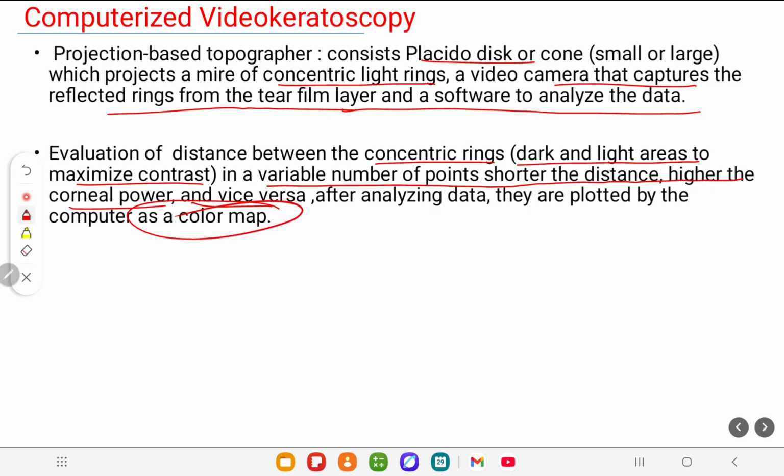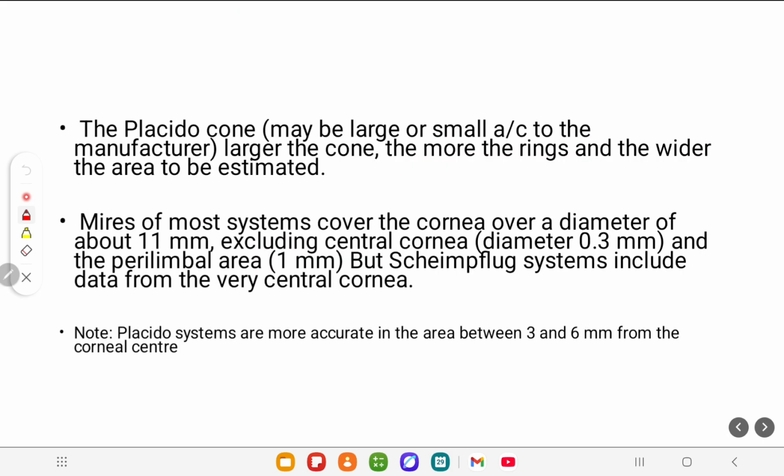So the Placido cone may be larger or smaller according to the manufacturer. It doesn't matter. The larger the cone, the more rings and the wider the area that can be estimated. That's very important, isn't it?